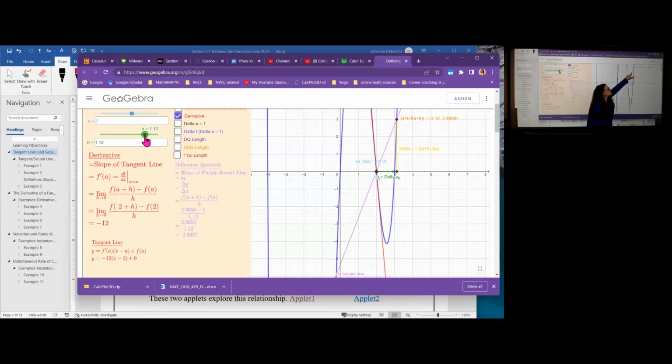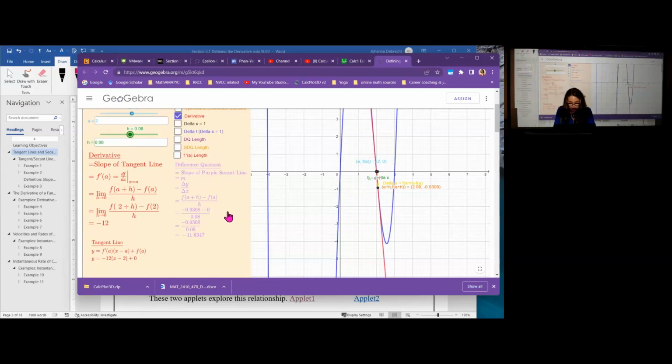I'm going to move this value by decreasing H. Watch what happens to the purple line, which represents the secant line, as I decrease my H values. It went to 0, then it got steep, then, do you see that the purple is getting so close to the red tangent line? The closer I get, the closer the slope of the secant line matches the slope of the tangent line.